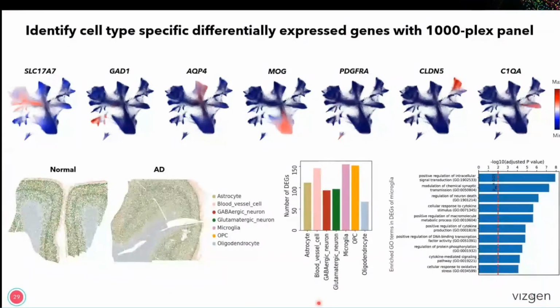You can see in different cell populations, we can detect a different number of differentially expressed genes, with microglia as the most affected one. On the right side, I did a gene ontology analysis, basically to identify the signaling pathways that are enriched in these differentially expressed genes. This analysis is done with the differentially expressed genes from microglia.